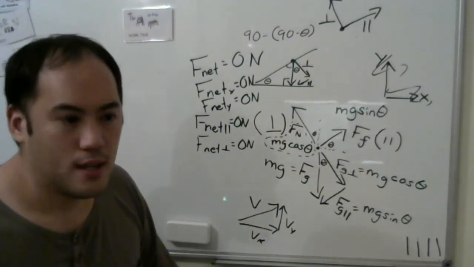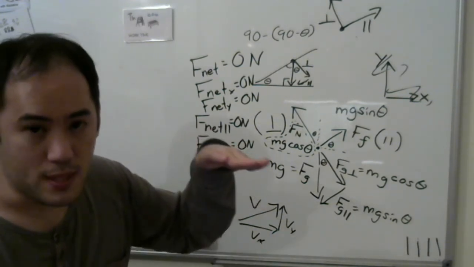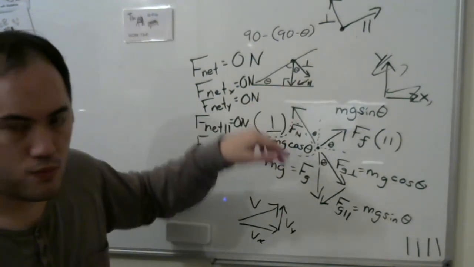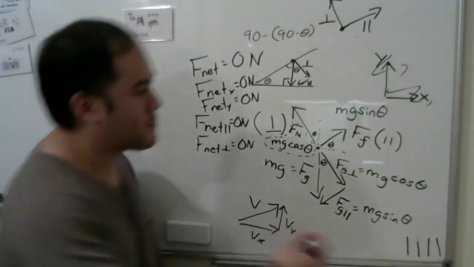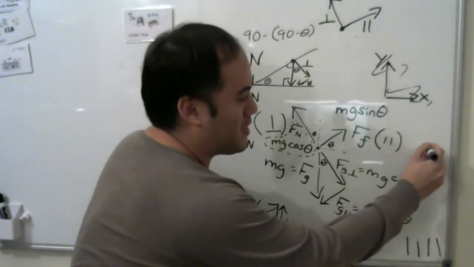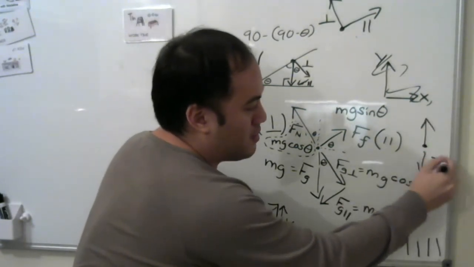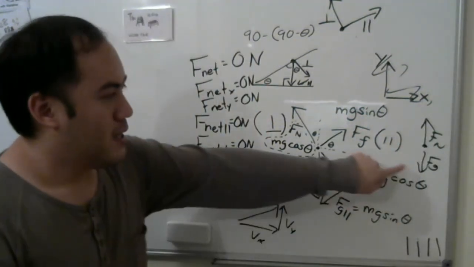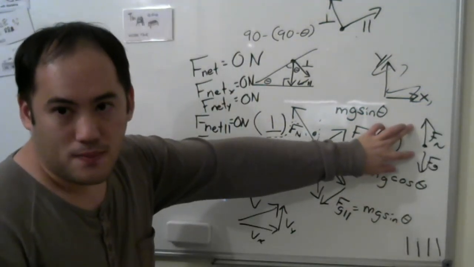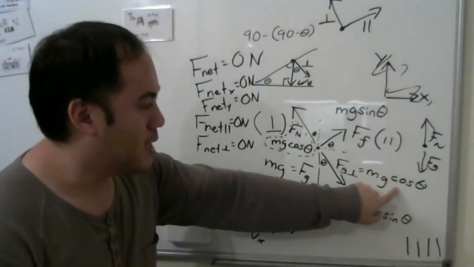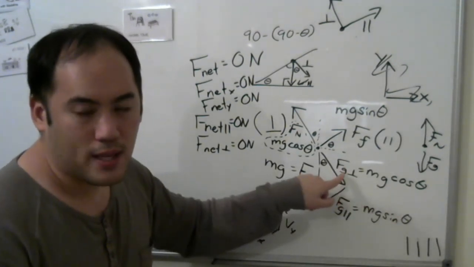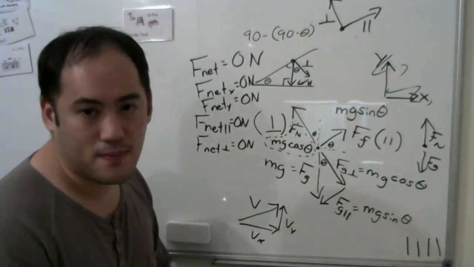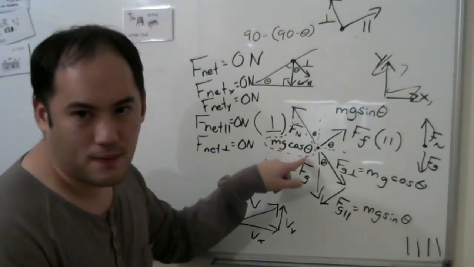If it were flat, if theta was 0, then the free body diagram, sorry for the terrible drawing, would look like this. Fg and Fn would be equal. Well, would they be? Theta is 0, so mg cosine theta would be mg. Fg would be equal to Fn. Perfect, it works out, because cosine of 0 is 1.